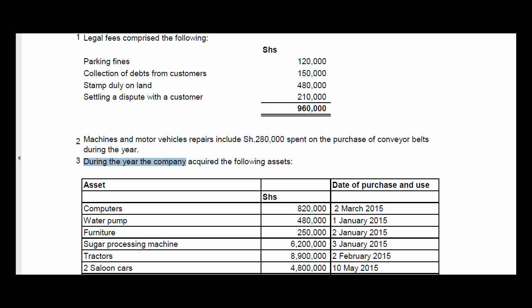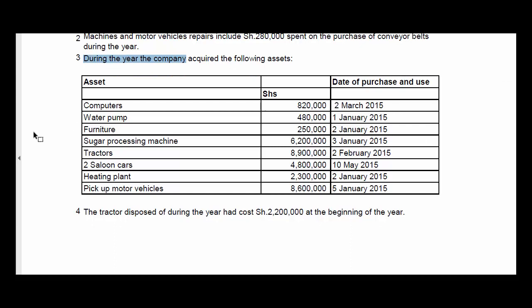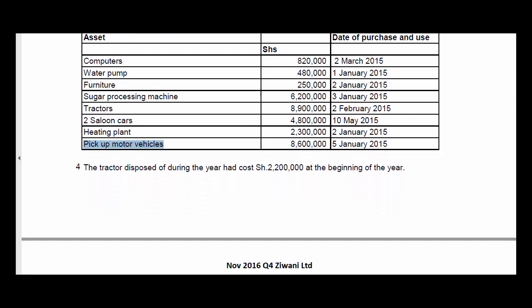Note number 3, let's see. Computers is not, water pump is not, furniture is not, sugar processing is not, tractors is not, saloon cars is not, heating plant is not, pickup motor vehicles is not. So note number 3 does not include any industrial building.